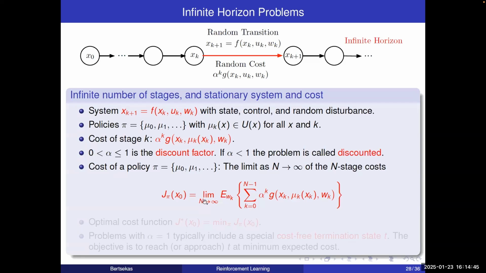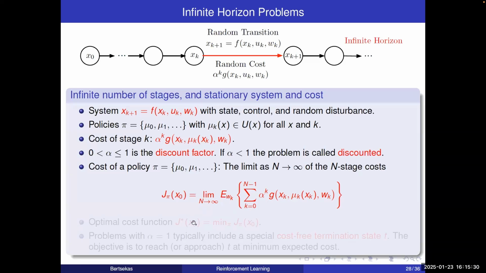The best case, with the nicest and strongest theoretical results, is when alpha is strictly less than 1 and the stage cost is bounded, by which I mean that for the stage cost function g, for all x, u, and w, its absolute value is bounded by a given constant. This type of problem is the main focus of our lecture, and in fact the majority of reinforcement learning literature deals with it.